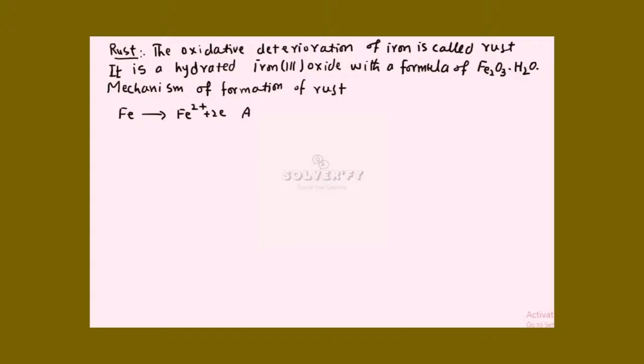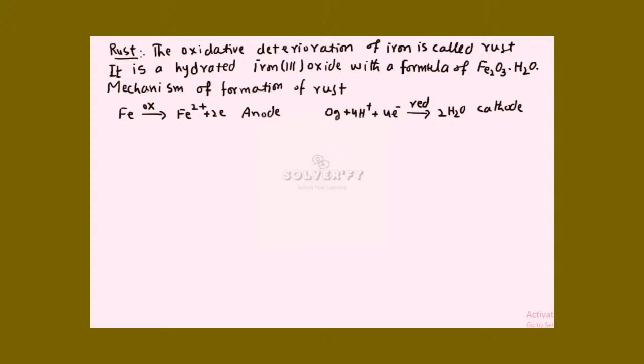This reaction occurs at the anode. On the other hand, oxygen in the presence of hydrogen ions gains electrons, forming 2 water molecules. Here is the reduction of oxygen, so the reaction takes place at the cathode.